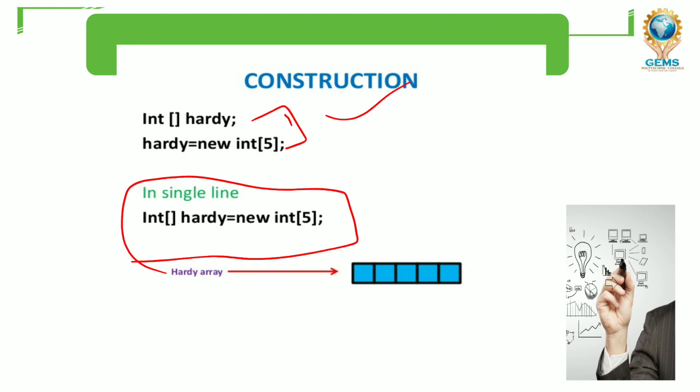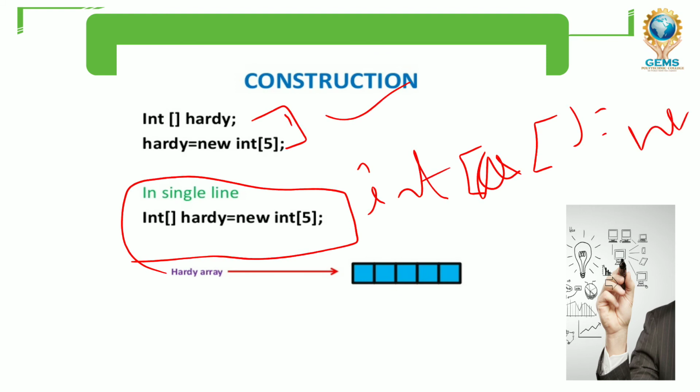First int a, the array name, bracket equal new int, size of the array 5.